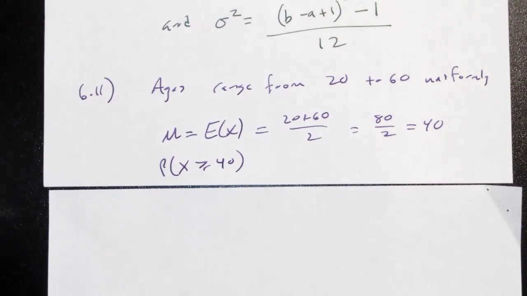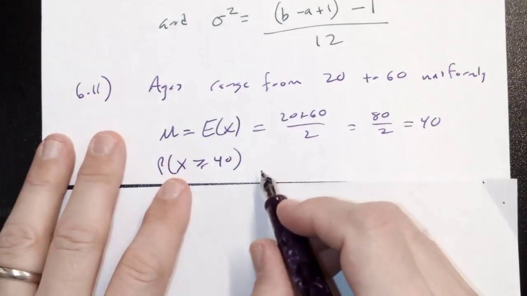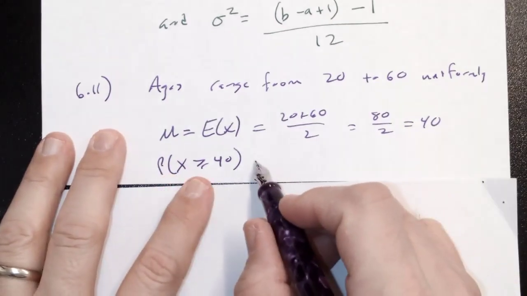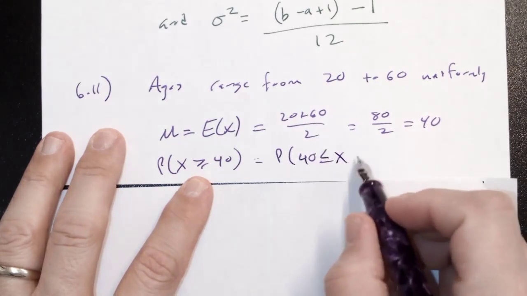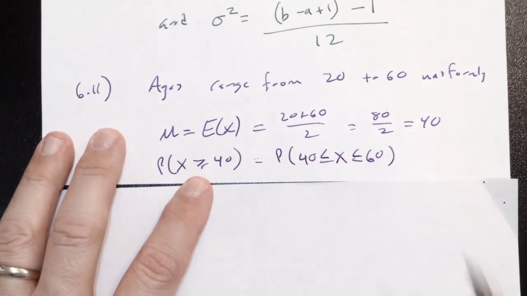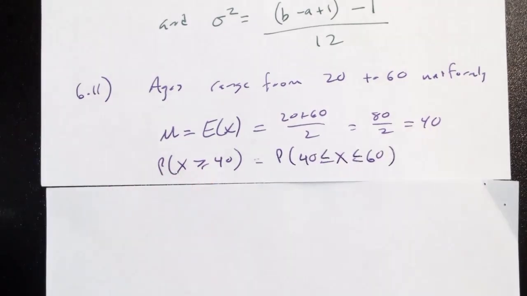Your first reaction might be it should be half of them, because 40 is in the middle. But 40 is a category. And so I'm including slightly more than half. Remember the fence post idea. I'm really asking for all of the ones from 40 to 60, because that is my upper limit, right?